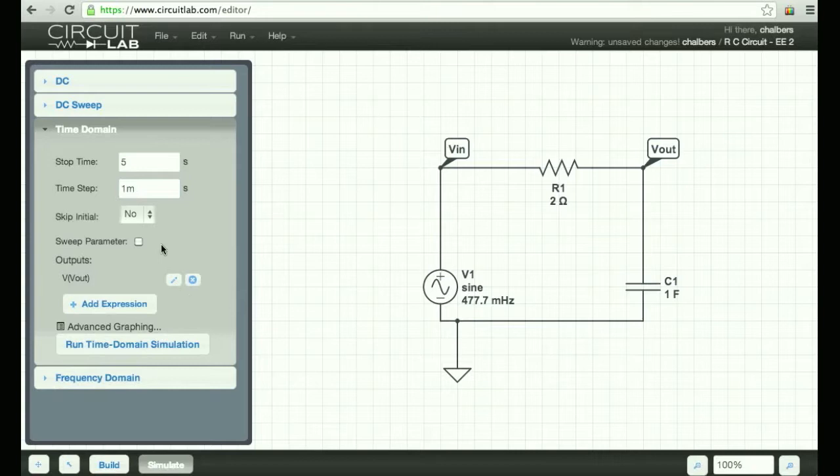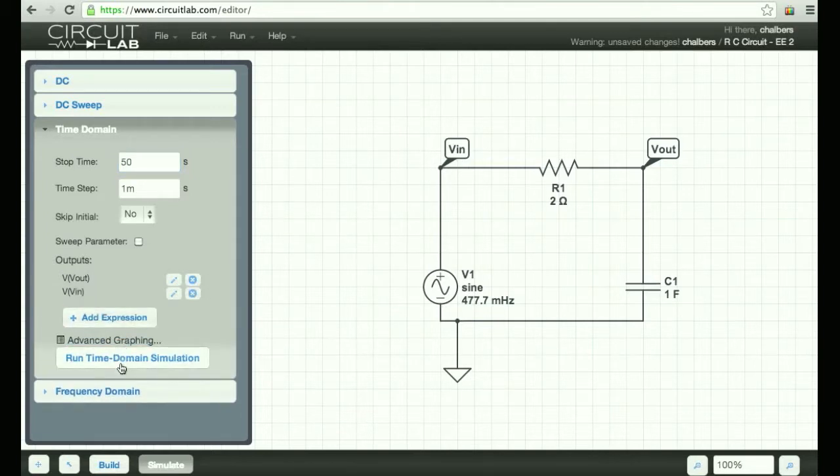Let's run it for a little longer. I also want to put my input signal here. All right, so in a second it's going to be done. Now it's plotting. Come on, MacBook Air, you can do it.